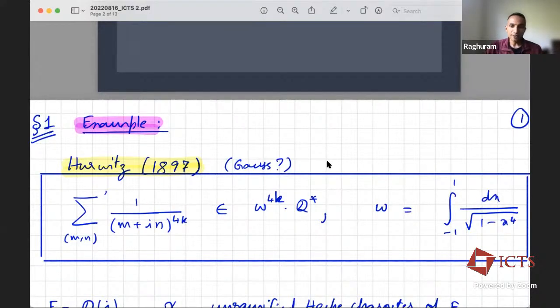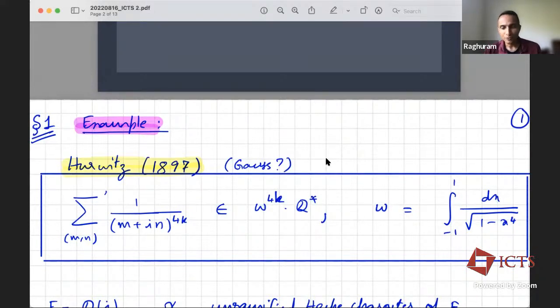This goes back to 1897. It states that if you take the sum over all integers m and n, not both zero, of m plus in to the power 4k, then this is omega to the 4k up to a non-zero rational number. In fact, Hurwitz made that rational number also precise.